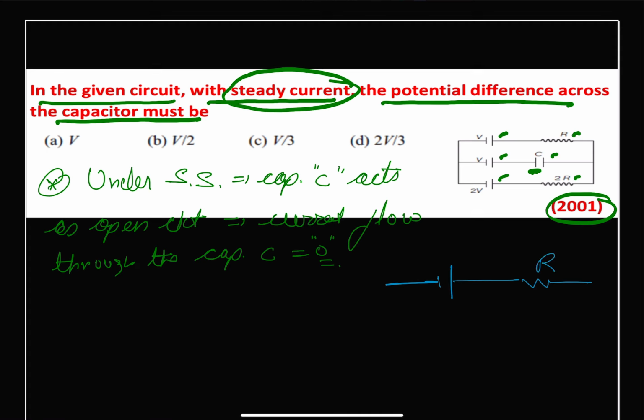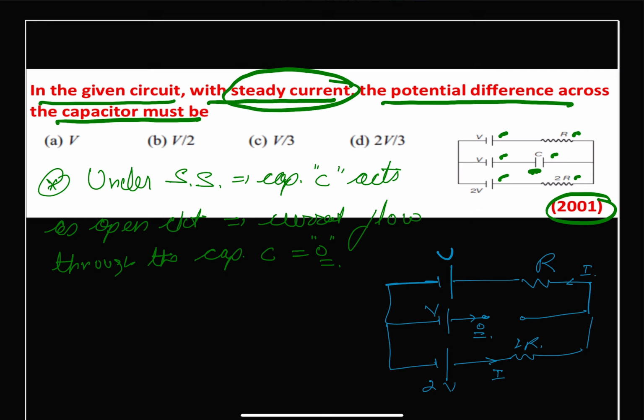This is resistance R, and this capacitor will be now acting as open circuit, and we have voltage V, 2V and 2R. So there will be no current flowing through the capacitor branch. So let us say the current I flows through here, and obviously the same current will be flowing through here also.